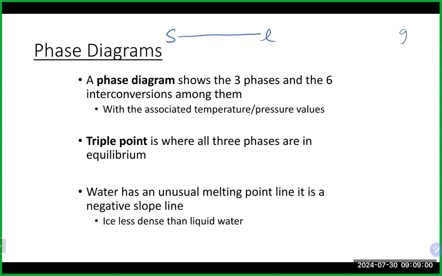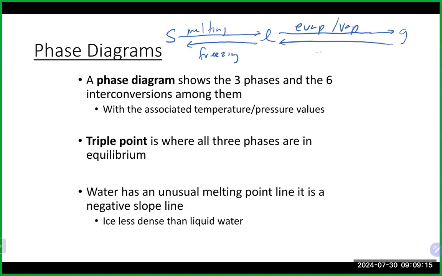We have solid to liquid, which we've been talking about as melting, liquid to solid, which is freezing, liquid to gas, which is evaporation or vaporization, gas to liquid, which is condensation, solid directly to gas, which is sublimation.